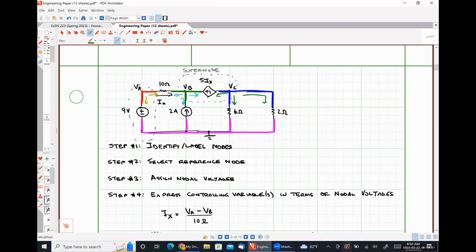So it's just following suit with writing KCL leaving a node. So that's why we're adding them together. You absolutely could set them equal to each other because 0 is equal to 0 as well. And that's just going to make signs wonky and all of that kind of stuff because you're going to have things that you would associate with having a positive sign because it's leaving that node now have negative signs.